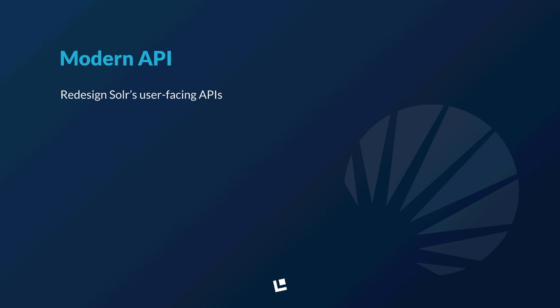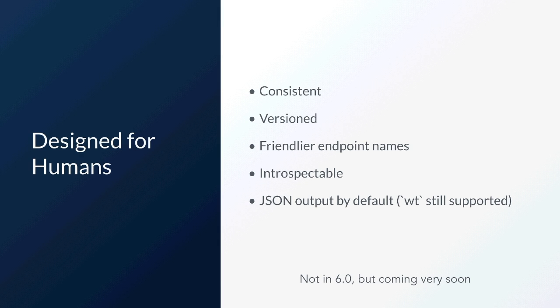Another feature that is not going to be in 6.0 but is going to be coming, I think, in 6.1 is an effort to modernize Solr's APIs. If you've used more than one of Solr's APIs, you may have noticed that each one of them is slightly different.